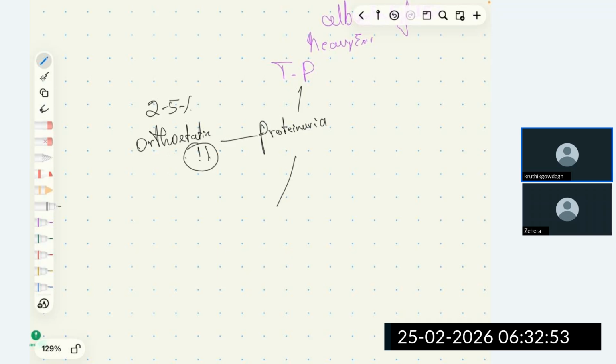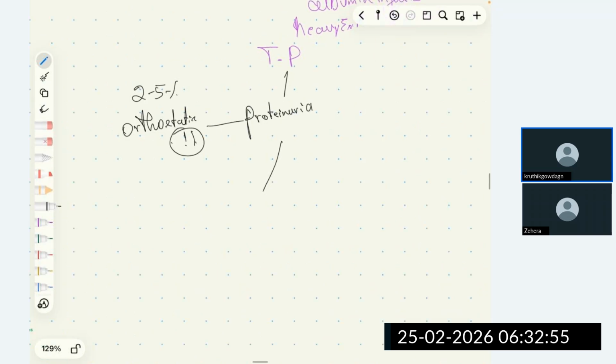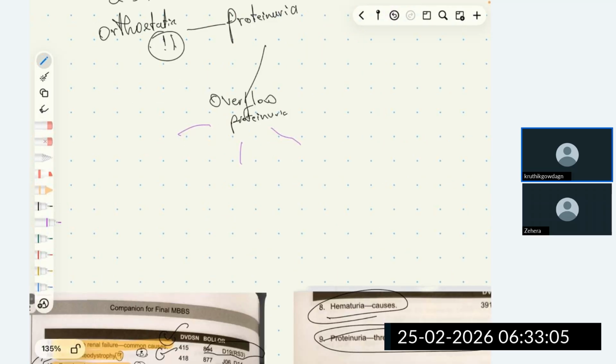Okay, let it be. Then we have overflow proteinuria, because the concentration of these particular proteins in plasma is increased very much, so they are being excreted in urine. We have hemoglobinuria, myoglobinuria, and Bence Jones protein excretion in multiple myeloma.